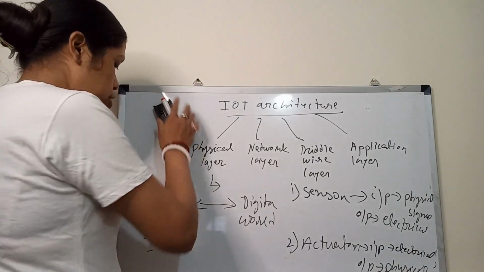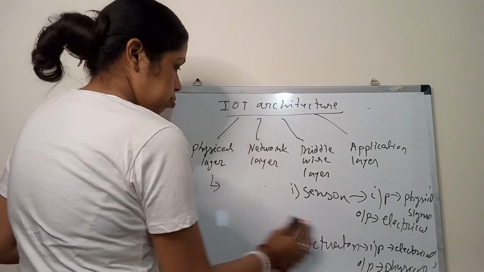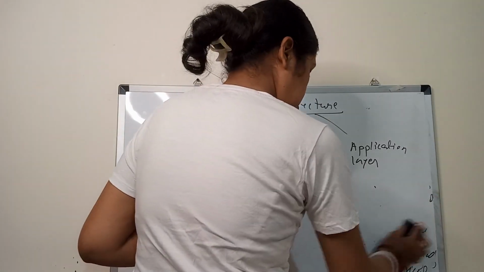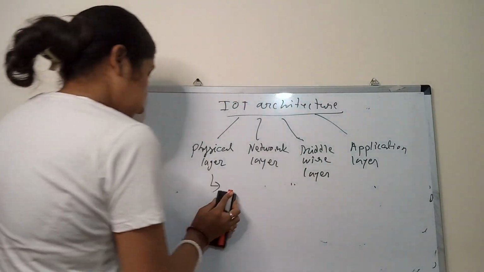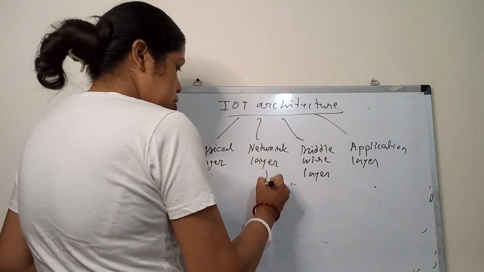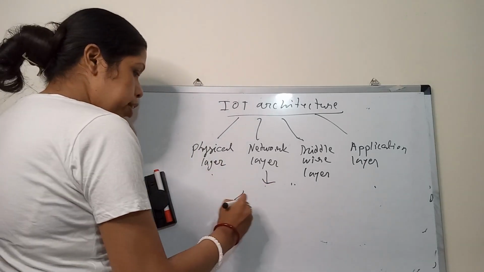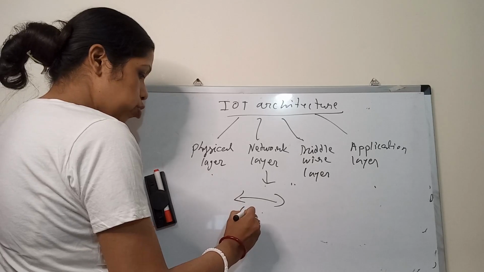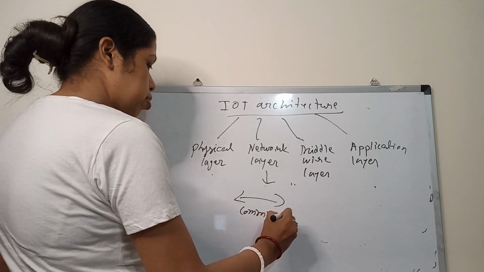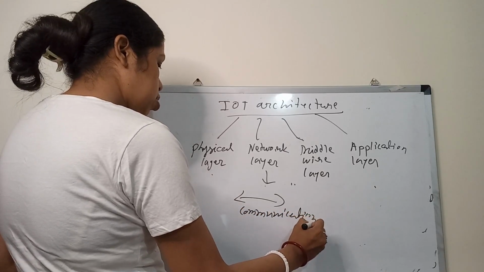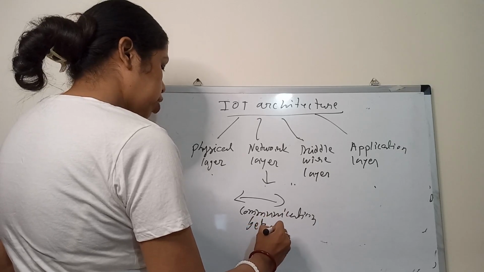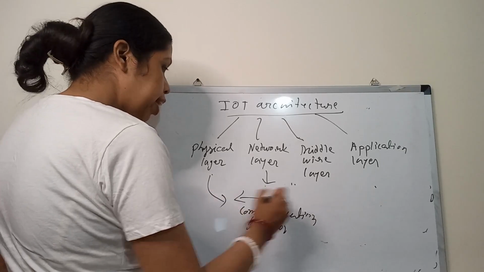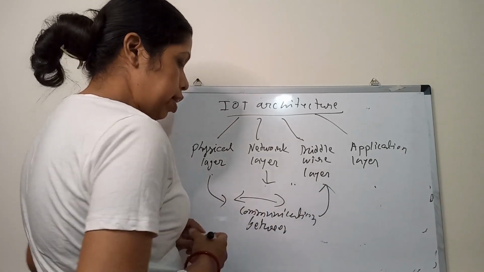Next, come to the network layer. You can think of the network layer as the communication between this physical layer and the middleware layer.